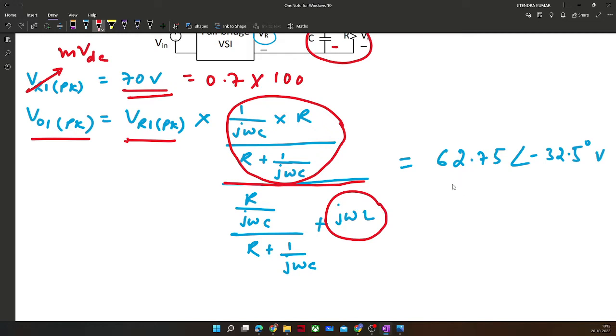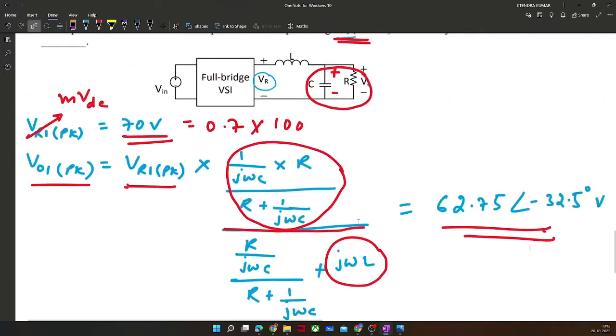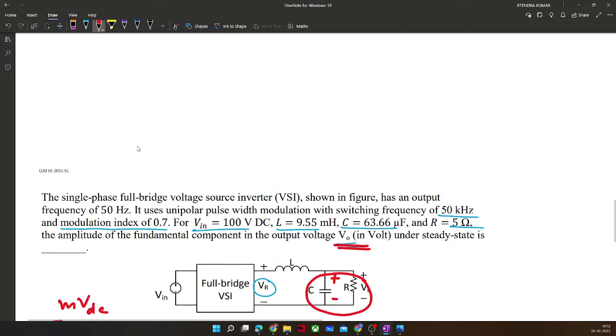So after doing the calculation, you will get this value, 62.75 angle minus 32.5 degree. Okay. So this question was asked again in GATE 2015 for 2 marks.